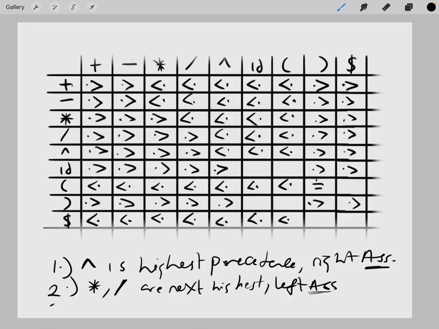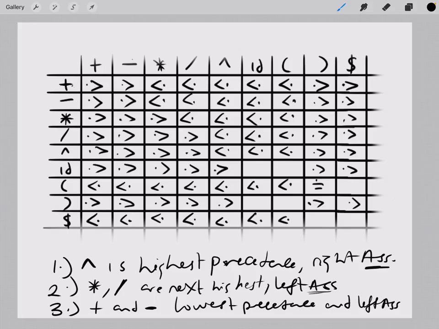And then on number three, we have plus and minus being the lowest precedence, and they are also left associative. Note one thing, they didn't say that plus has more precedence than minus.